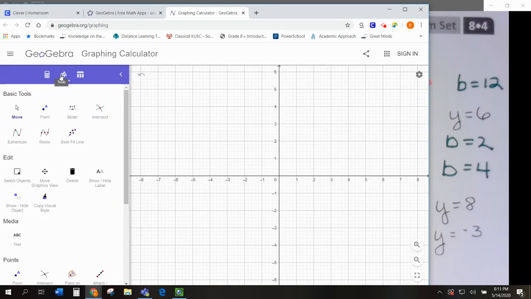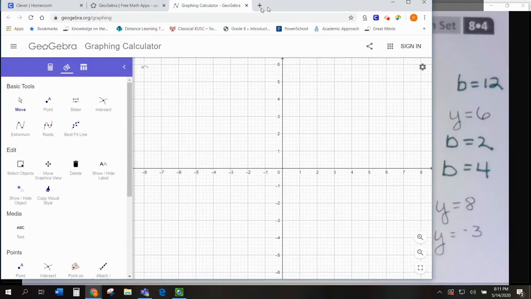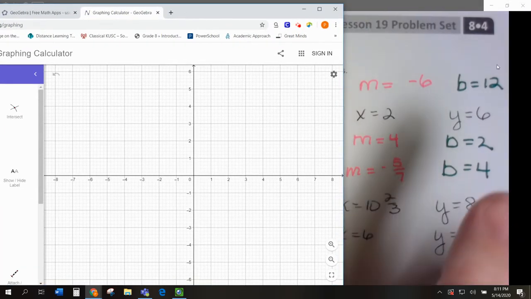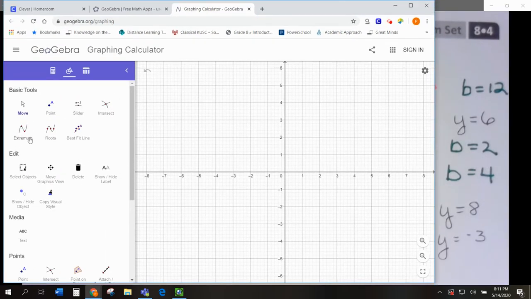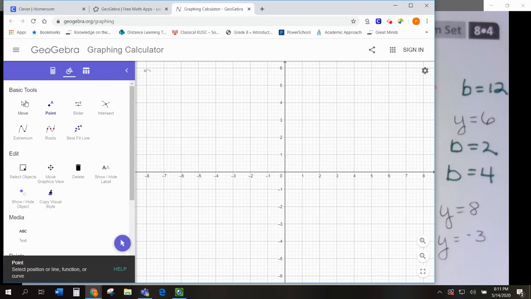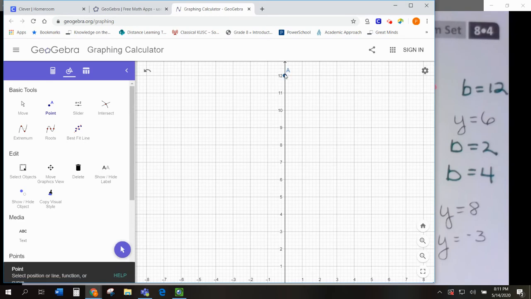So for our first one, we're going to do our y-intercept and then our slope. So here our y-intercept is 12. I have to move this down because our y-intercept is going to be 12. So y-axis 12.